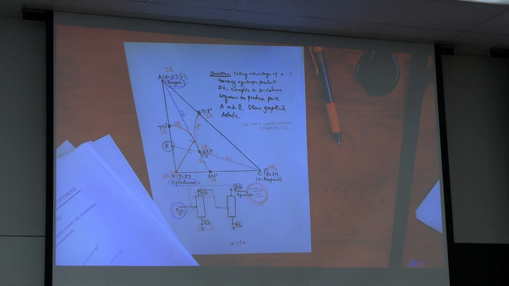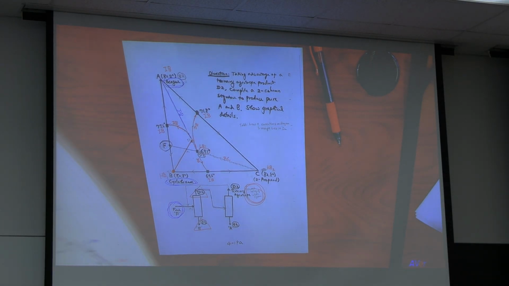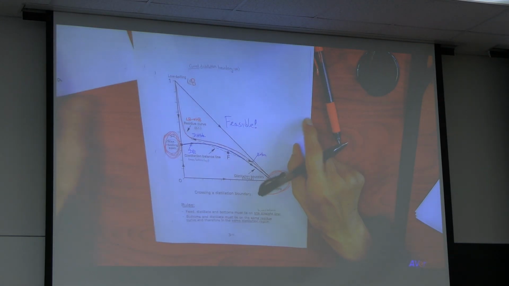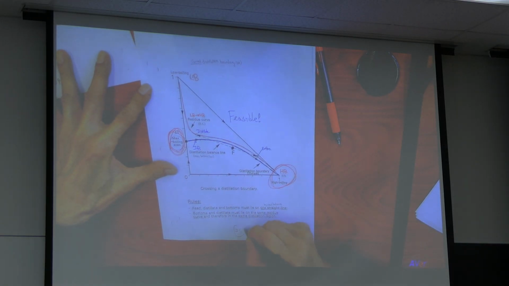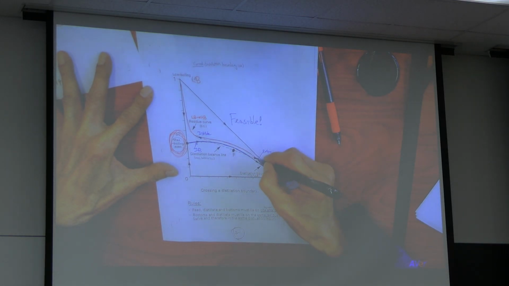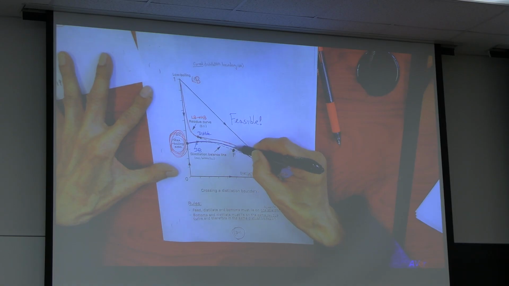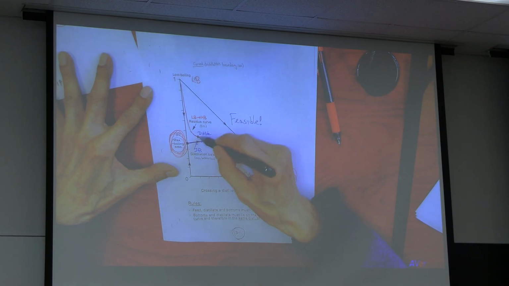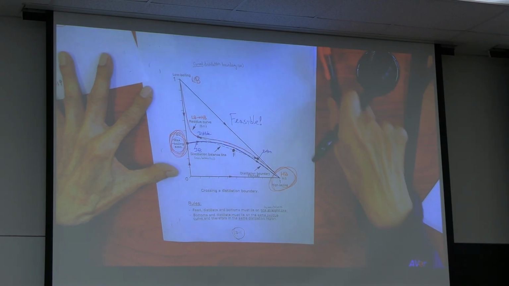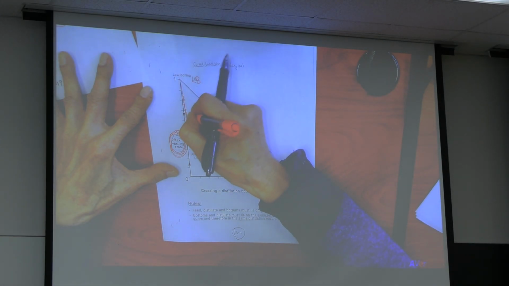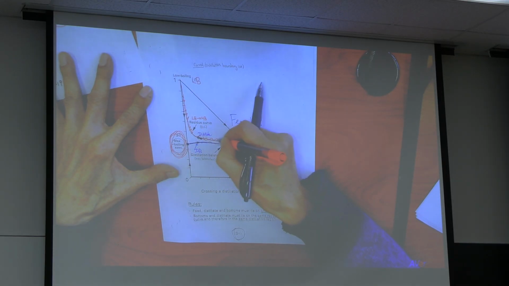Here, right here, you can have a feed, right? You can have a column feed on one side of the distillation boundary, product on the other side, as long as they are on the same residue curve.